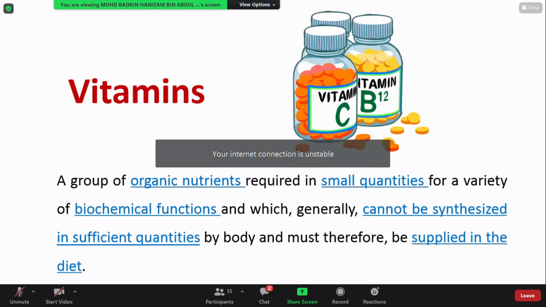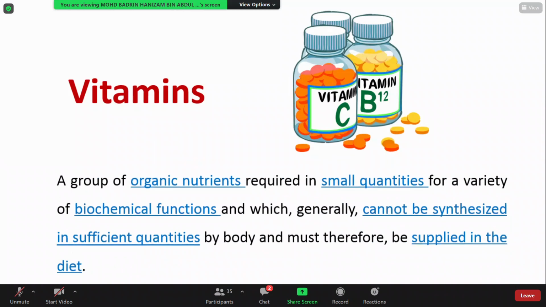So the vitamins are a group of organic nutrients required in small quantities. We don't need much of these vitamins for them to be able to play a role in our body. We require only small quantities of vitamins for a variety of biochemical functions, and they generally cannot be synthesized in sufficient quantities.